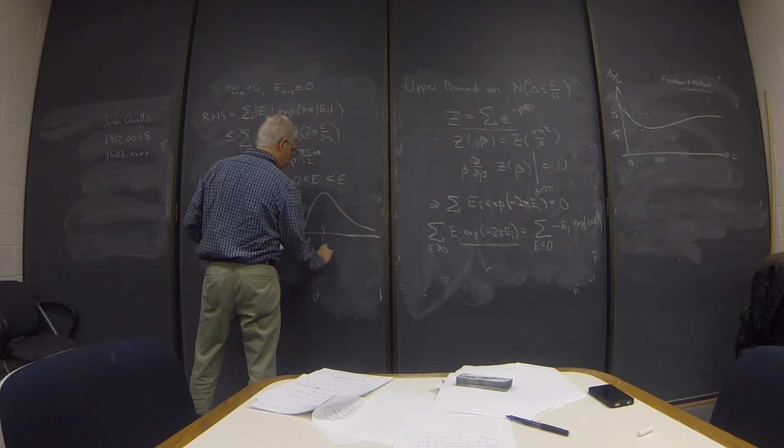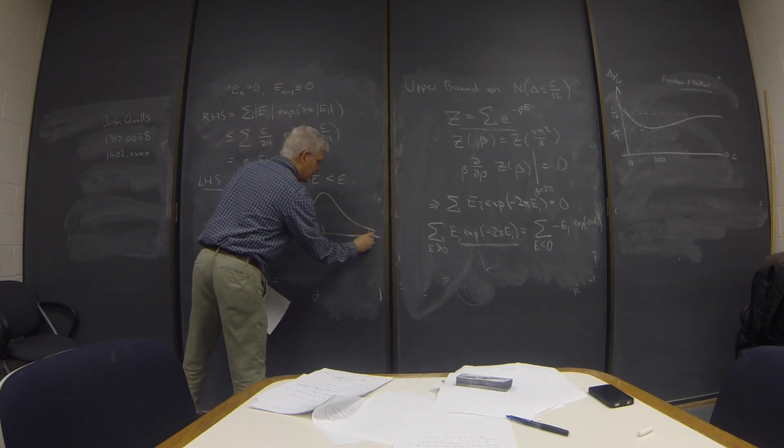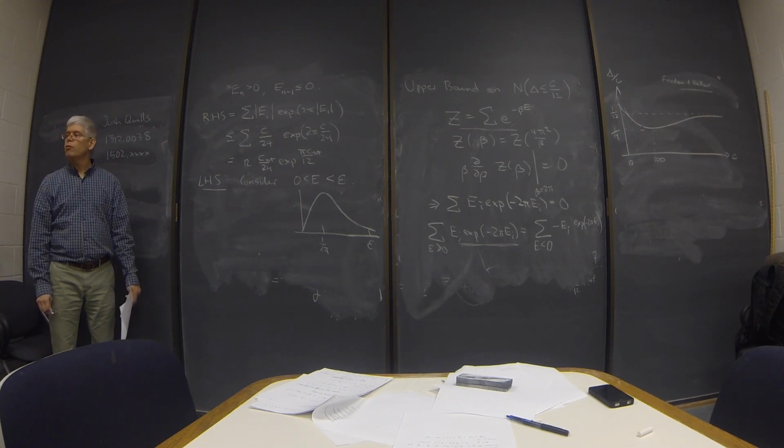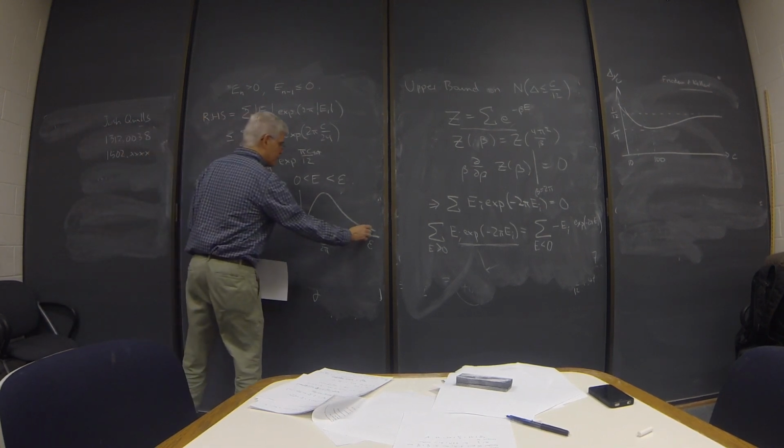There's a peak at 1 over 2 pi. And I want to count how many states there are up to curly E. I'm going to focus on the terms up to curly E here.